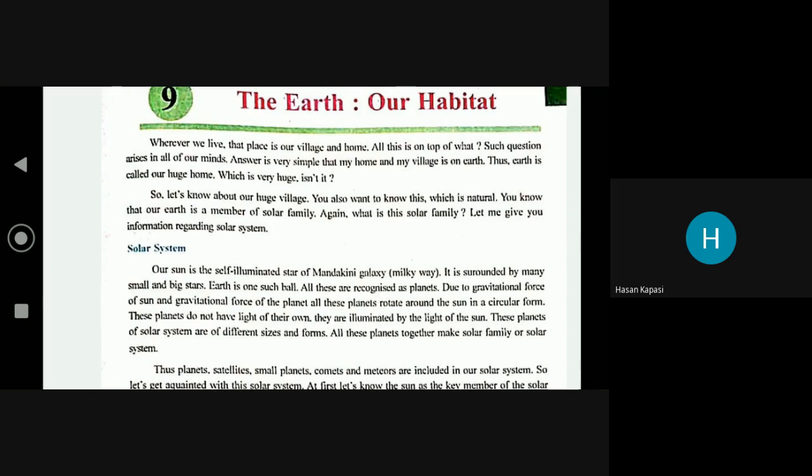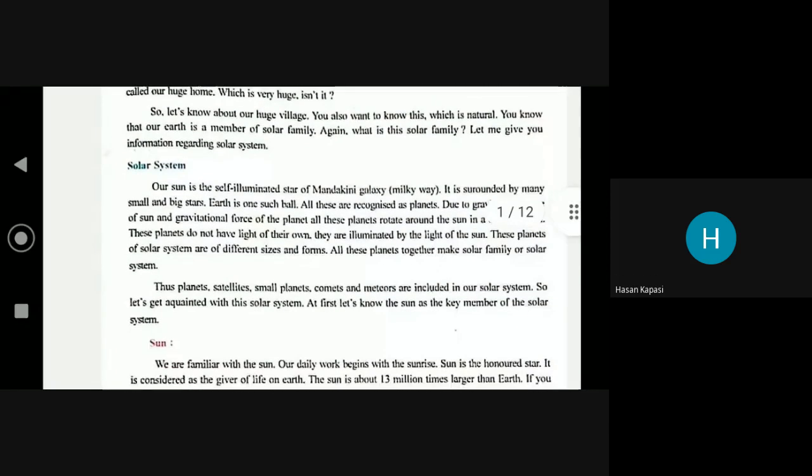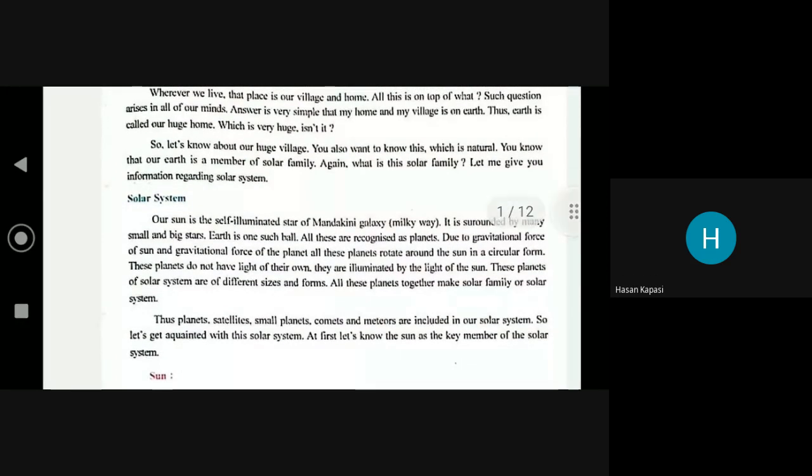These planets do not have light of their own. They are illuminated by the light of the sun. These planets of the solar system are of different sizes and forms. All these planets together make the solar family or solar system. Yes. Continue.